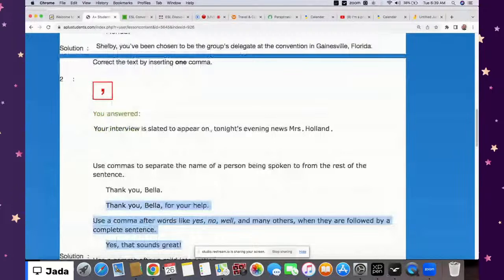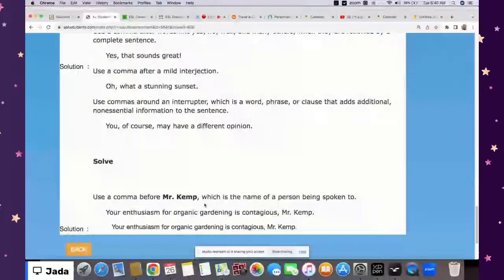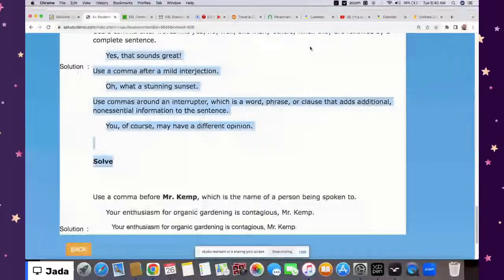And then: your enthusiasm for organic gardening is contagious, Mr. Kim. You have a comma before the name, Mr. Kim, because you need to put a comma for names.